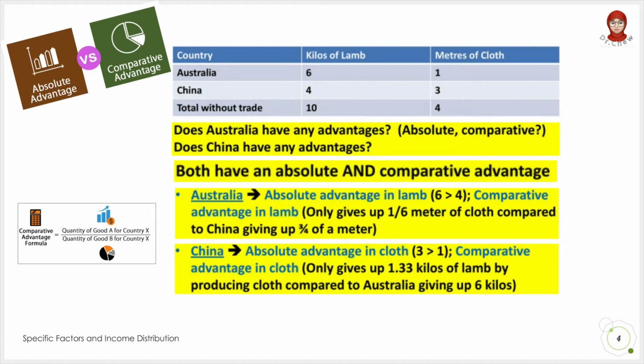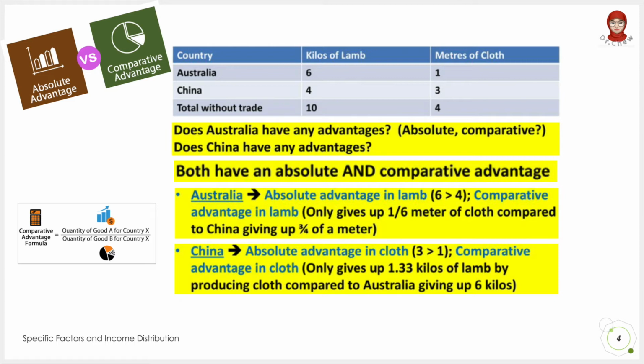Now for China. China has both absolute and comparative advantage in producing cloth. In terms of absolute advantage, China can produce more cloth than Australia when using the same amount of resources. China can produce 3 meters of cloth, whereas Australia only produces 1 meter of cloth.